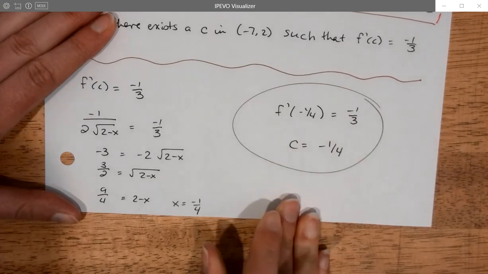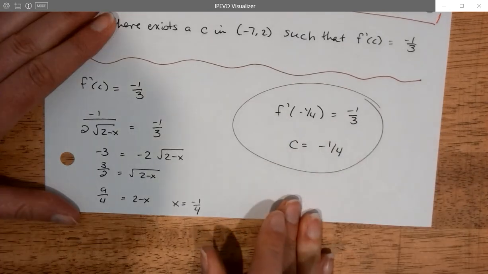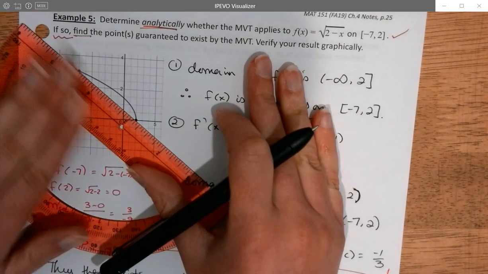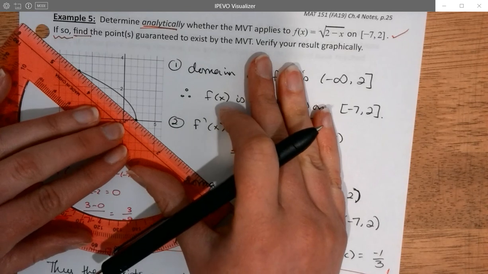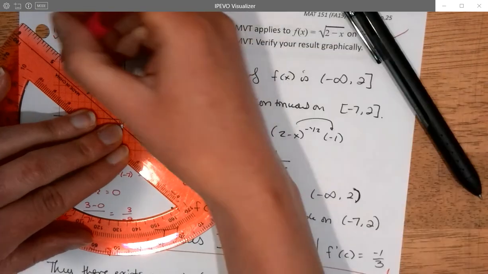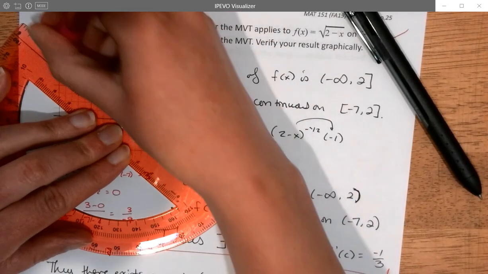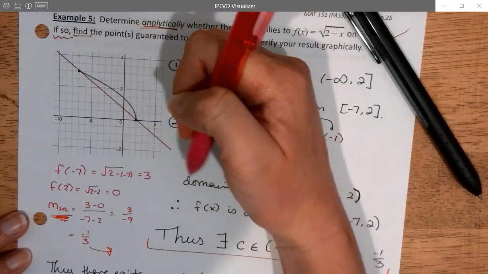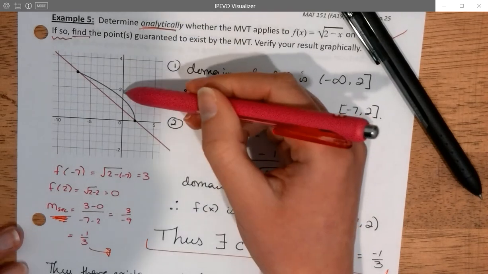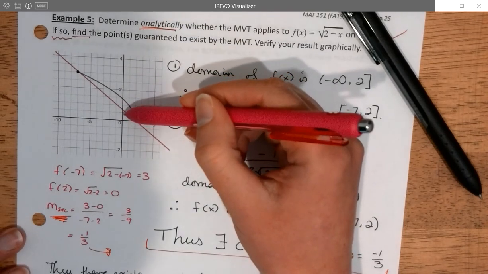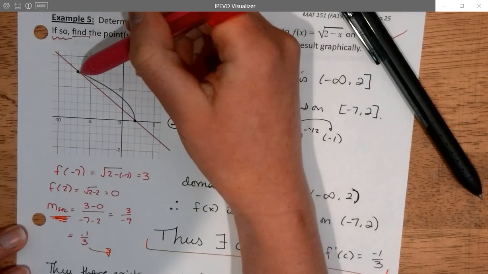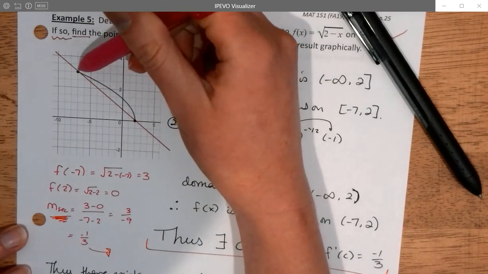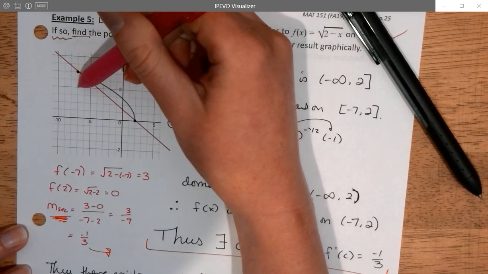That's our conclusion. Now we're going to check this out graphically. The first thing I want to do graphically is connect my two endpoints. Hopefully this has a slope of negative 1/3. The scale on this is a little strange. Notice it's counting up by halves and over by ones. So we'll have to trust that that is a negative 1/3. This would be down 1 over 1, 2, 3.